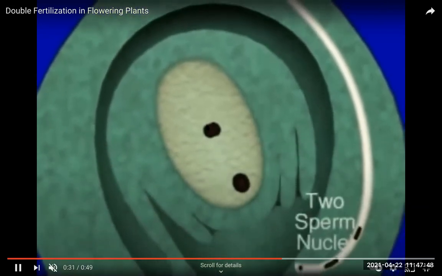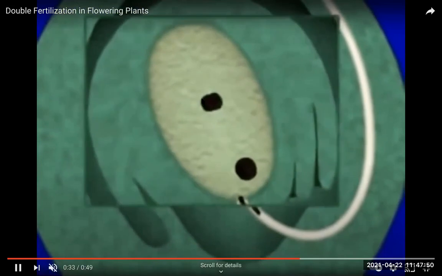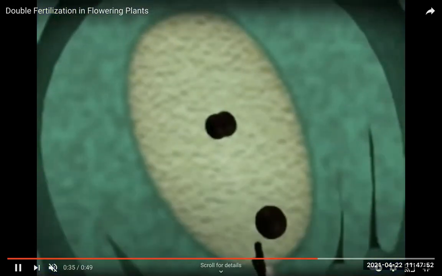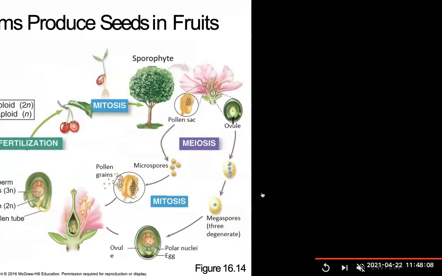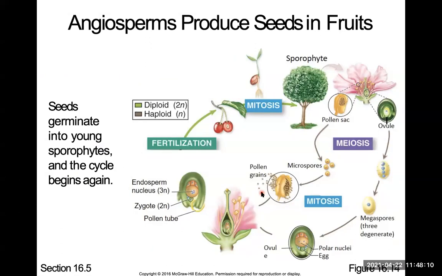And the other one goes to this polar nuclei that's going to turn into endosperm that becomes the food for the embryo. So that's the process of double fertilization that you guys have to know. When I ask on the exam, some of you are still going to say that it's going to fertilize 2 eggs. It does not fertilize 2 eggs. It fertilizes 1 egg and then 1 endosperm. That's food for the embryo.